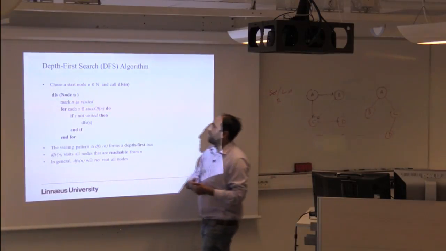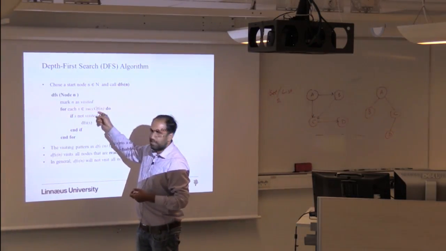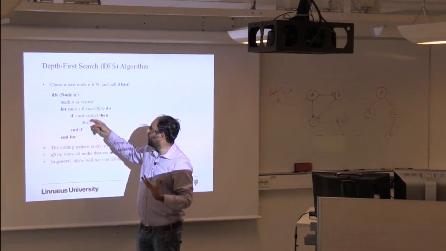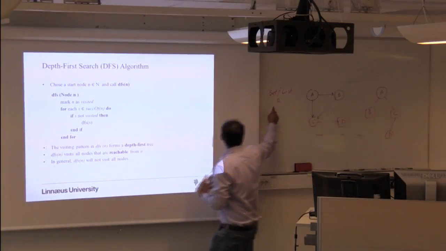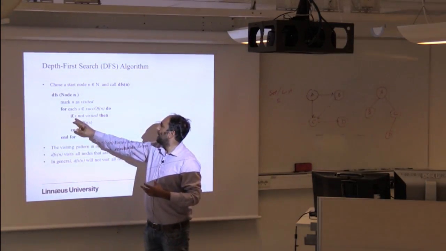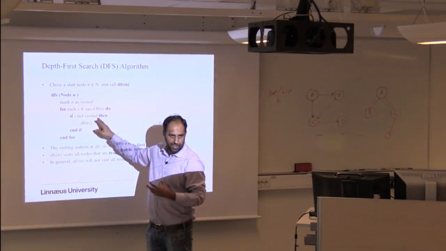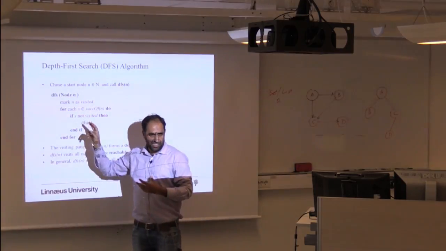And then for that node, you check the successors of that node, and for every successor s, you check with this list, and if s is not visited, then you recursively call the depth first algorithm.